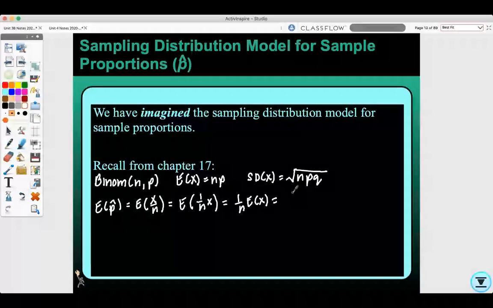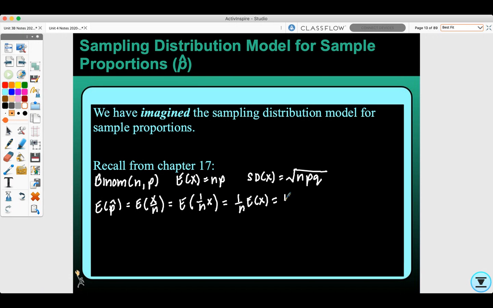And we know that our expected value of x is n times p, so this would be 1 over n times np. So my expected value for p-hat would just be p. And we know this is also known as mu of p-hat.